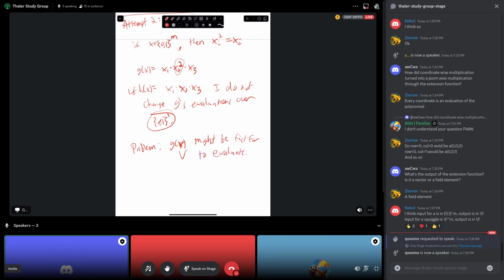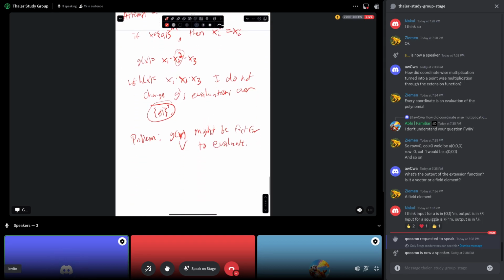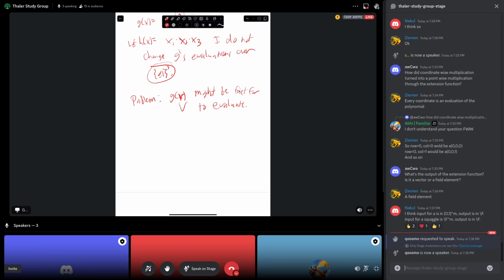Remember, at the end of the sum check protocol, the verifier has to evaluate G at a single random point R. And so G of R might be really fast for the verifier to evaluate, while this multilinear version, H of R, is not. In general, you may well have this be doable in something like order m time.